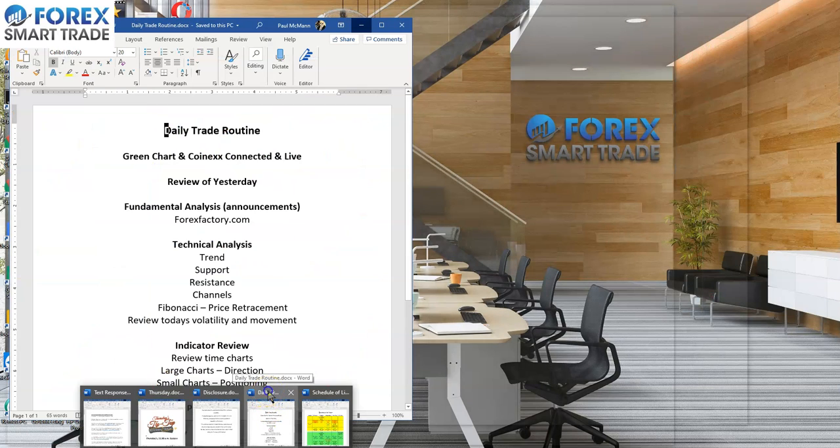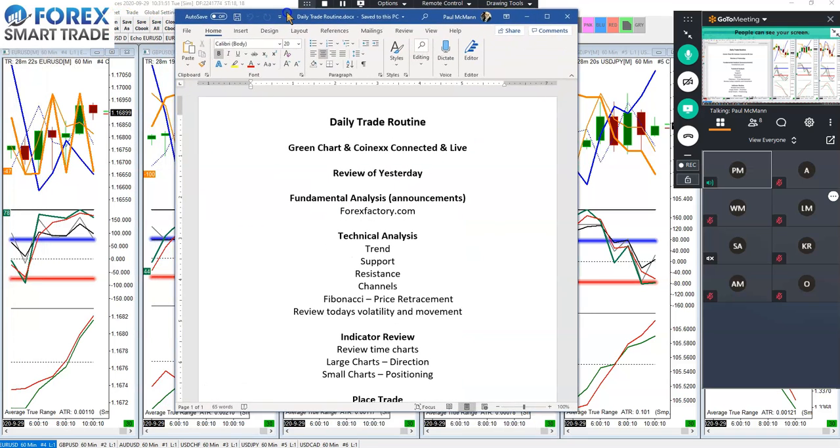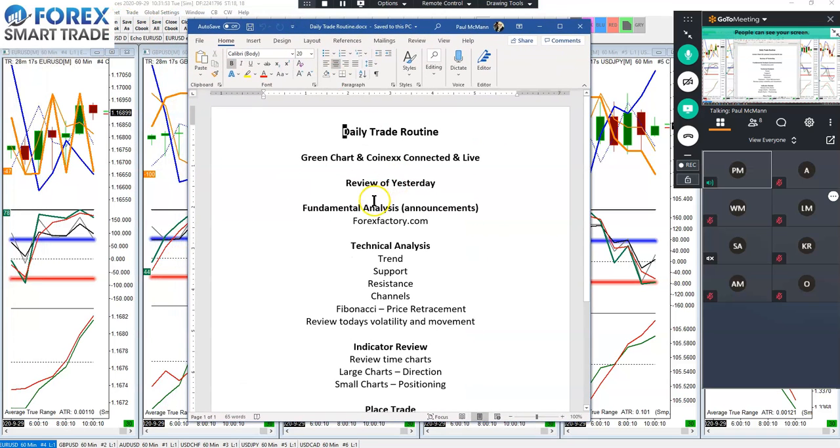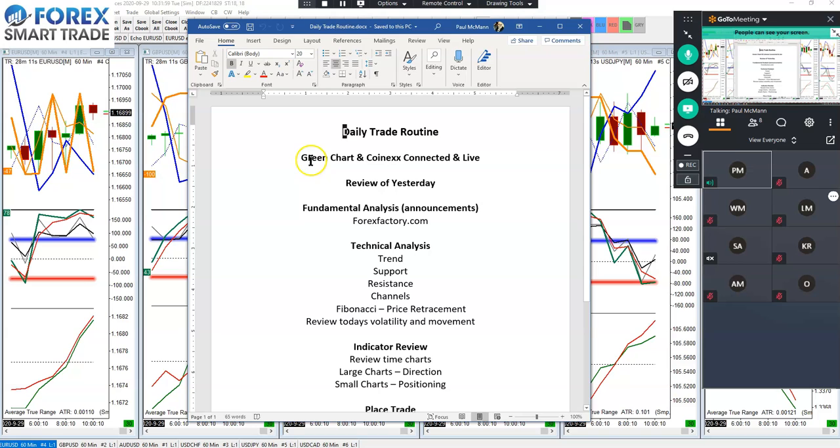We like to start with a checklist. I'm a very repetitive guy, and I work off of a checklist. I've committed most of this to memory, but let's walk through it anyways. First, I always check that my green charts and my CoinEx are live and connected.